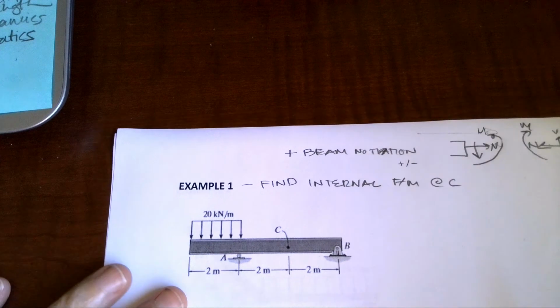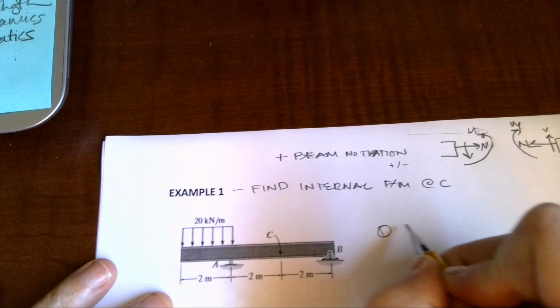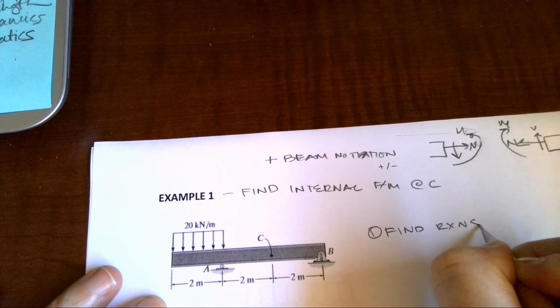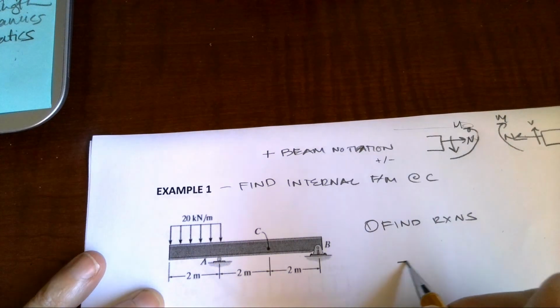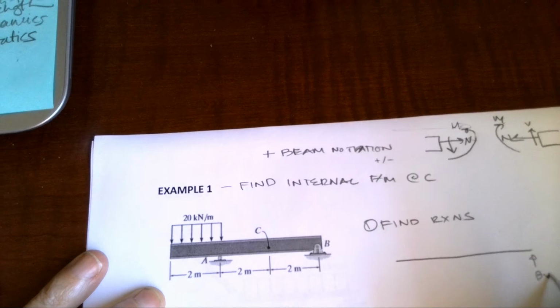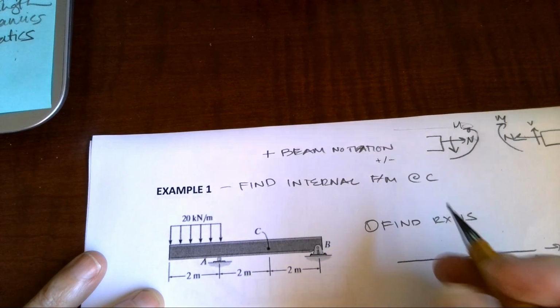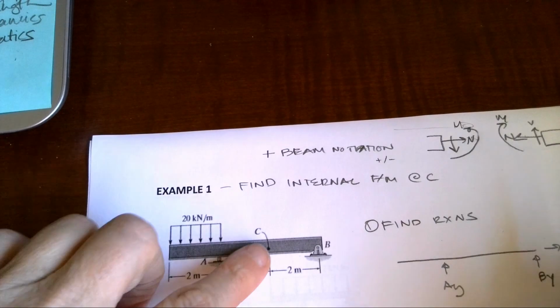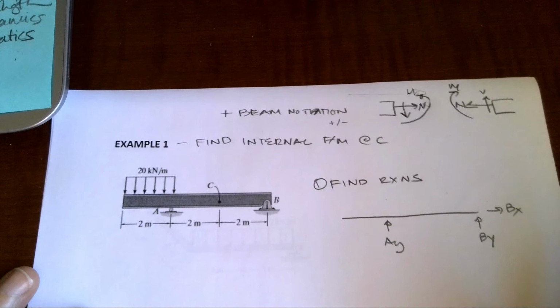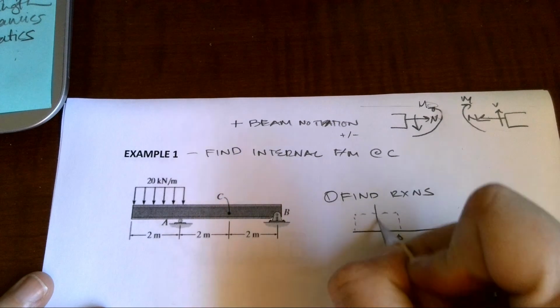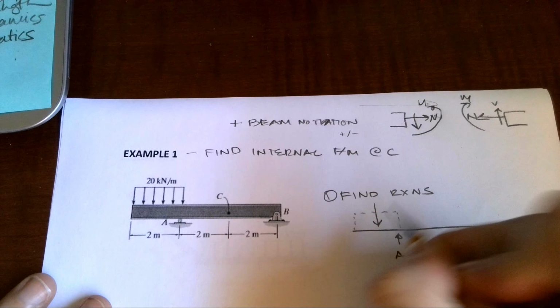So the first thing I'm going to need to do is find reactions. And so I'm going to look overall at my beam, draw this as close to possible. So we have BY, BX, because that's a pin. We have AY. I'm not concerned about C right now because we're just trying to find the reactions. And we have a uniform load, and we remember that the point load is just the area under the curve.